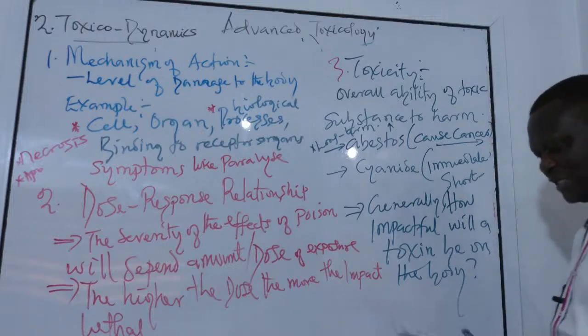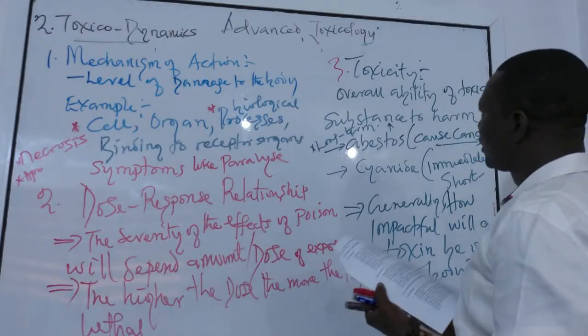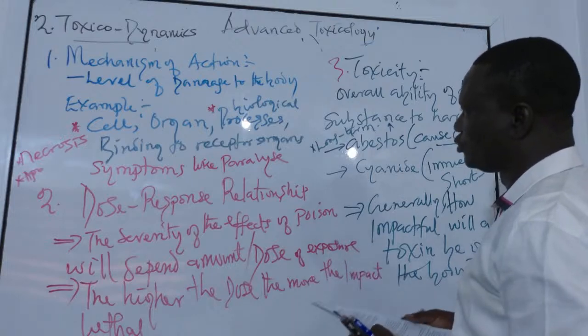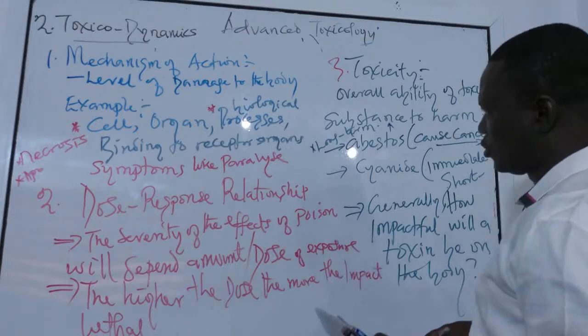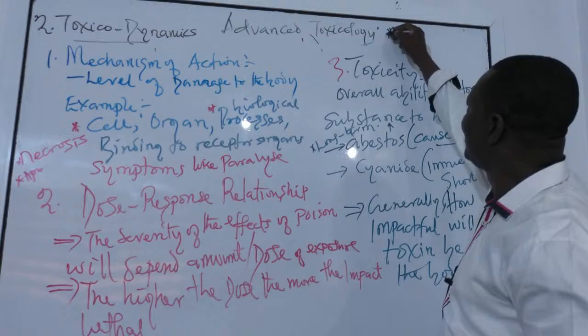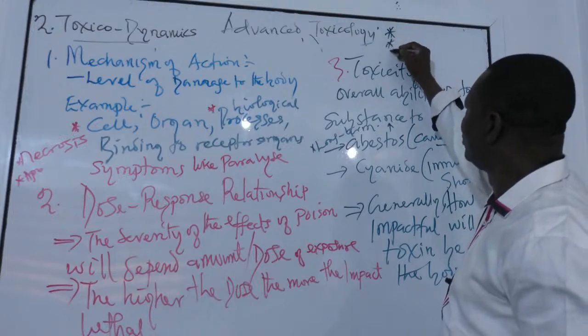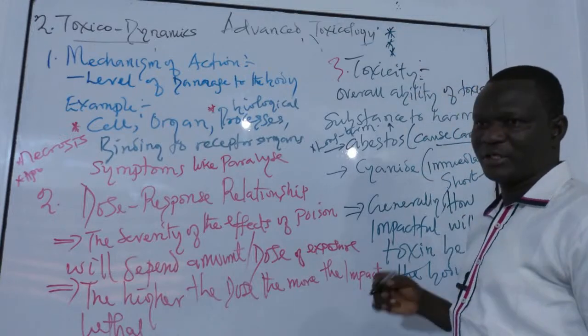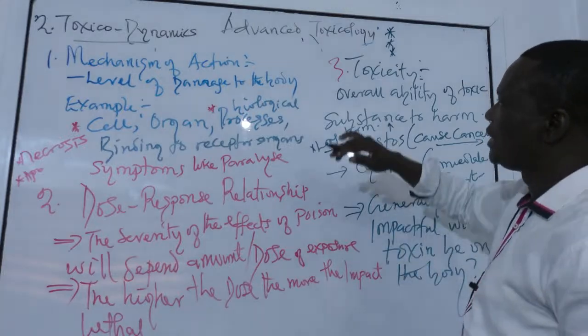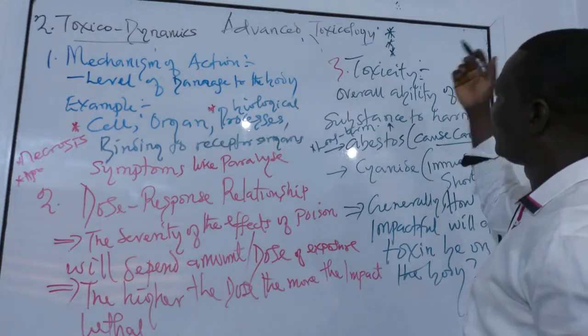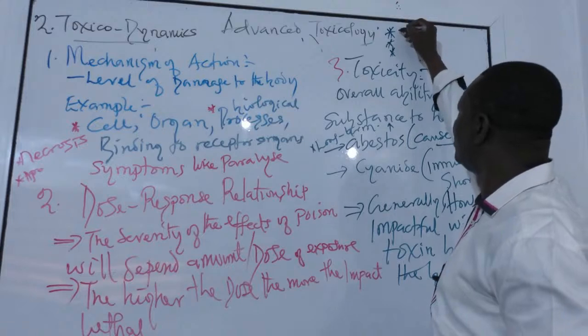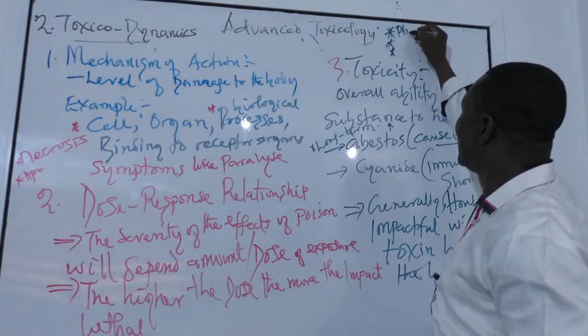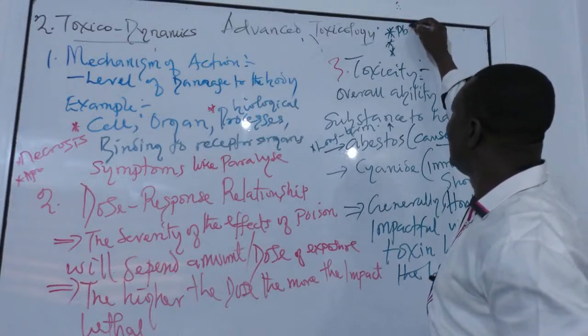Just like I said, I'm afraid we might not be able to continue, but I have listed for you the three case studies that we will consider in these two important concepts. The first one, we'll look at the case study of lead poisoning.